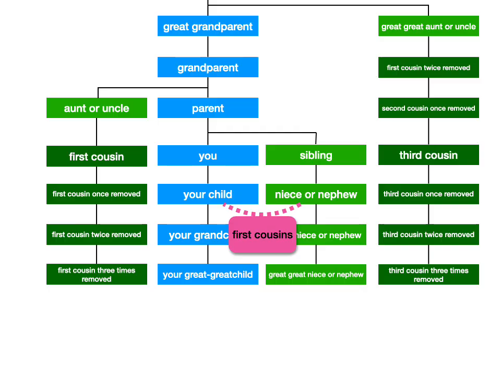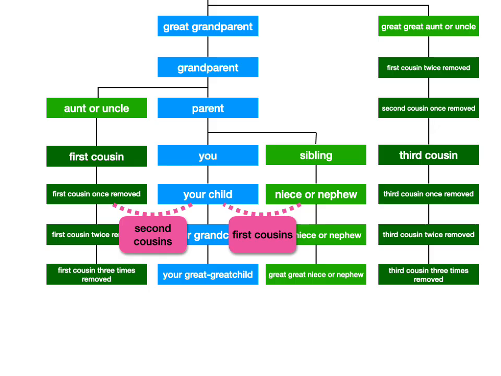Your first cousin's child, your first cousin once removed, is the second cousin of your child, because both of them have taken 1 step down, and they now share not the grandparent that you and your first cousin shared, but rather a great-grandparent. Your grandparent is their great-grandparent, and so they are now second cousins.